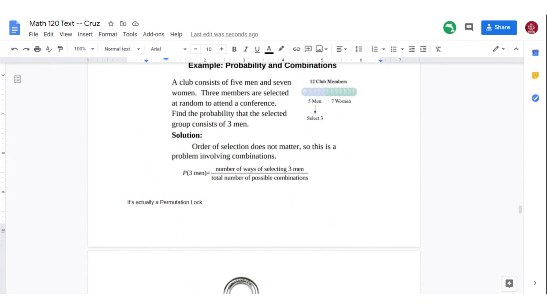So first of all, how many total people are there in this club? 5 and 7. So there's 12 people in the club, correct? 12 members, and that's what that shows you up here. Now, we're just pulling 3 people out to go to this conference, and is order important in these 3 that are being picked out?